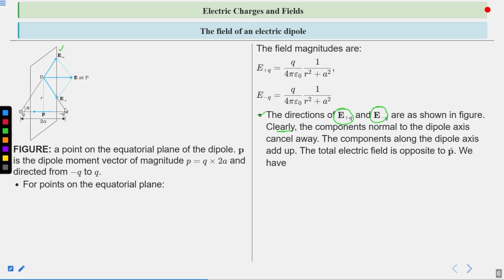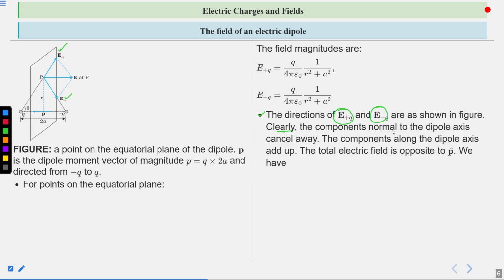Similarly, due to charge minus q, the electric field is towards the charge. So this is the direction of electric field due to positive charge, and this is the direction due to negative charge. Next question arises, what will be the net electric field at point P?